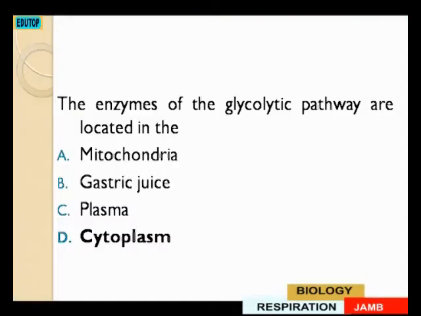The next question. The enzymes of the glycolytic pathway are located in the A. mitochondria, B. gastric juice, C. plasma, D. cytoplasm. The glycolytic pathway is the first step in the breaking down of sugar.